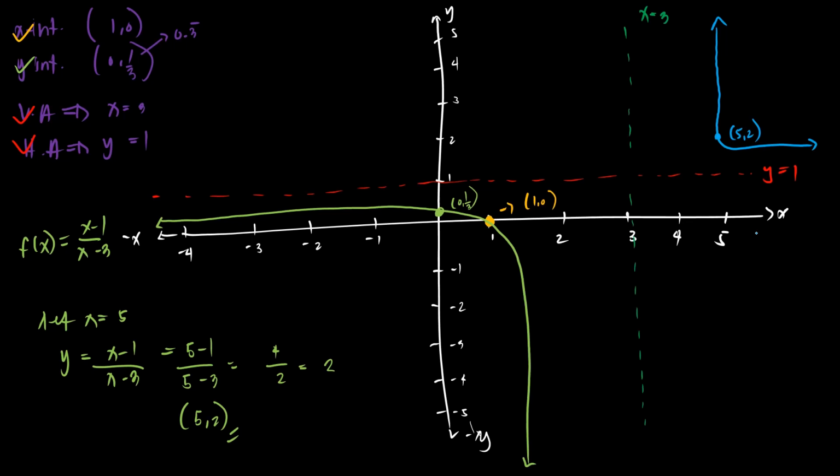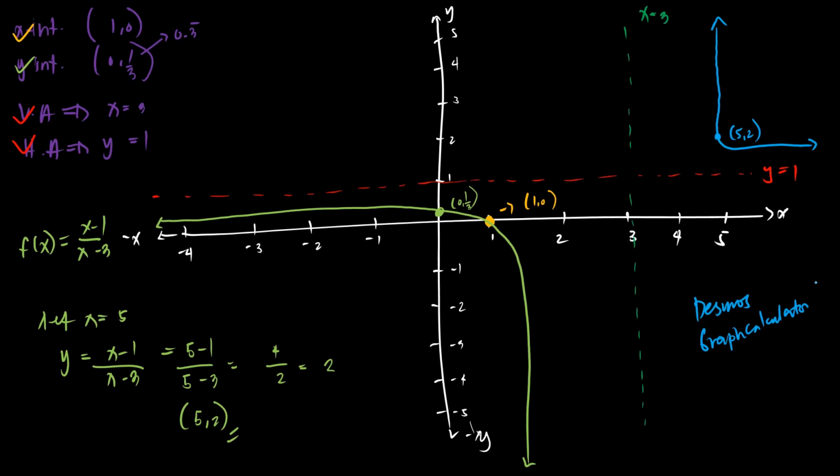Okay. So ganito class. If you want to recheck your graph, for example, nag-activity na kayo, go here in this website, Desmos graph calculator. Okay. So, para makita niyo yung graph ng function niyo kung tama ba o hindi.